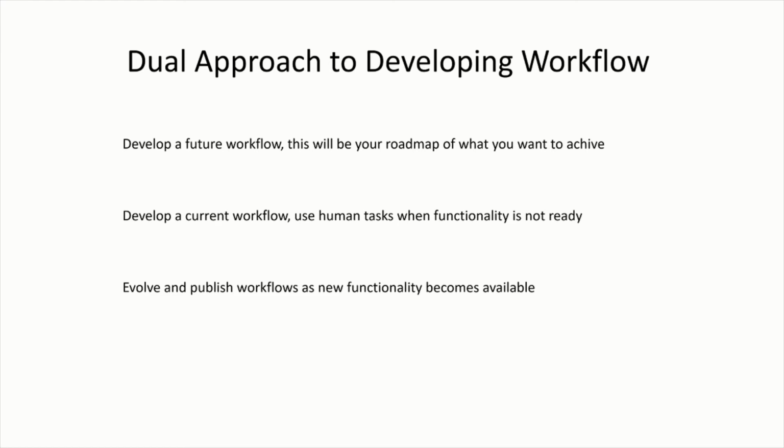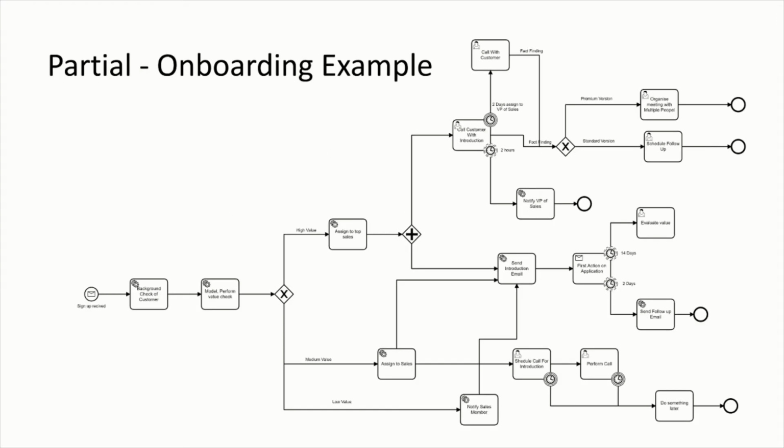Things need to be broken down into smaller parts. My last point here is evolve and publish workflow as new functionality becomes available. We have our map of functionality, and we've got the current task where we don't have functionality that can be met today, but as we meet that functionality, we just modify our workflows, we upgrade, and then we deploy again.